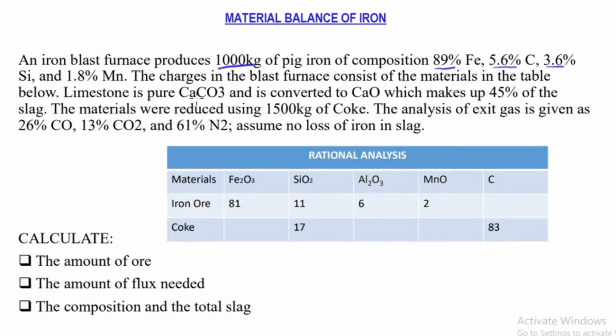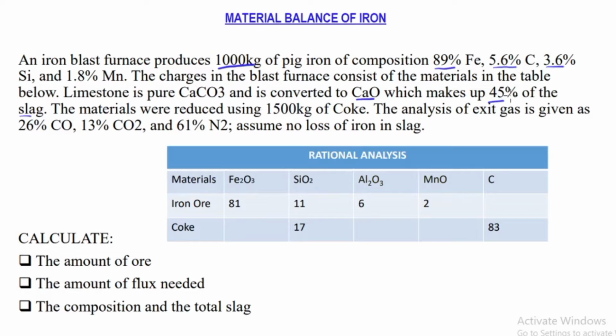Limestone is pure calcium carbonate and is converted to calcium oxide, which makes up 45% of the slag. So in this case, the limestone, which is the flux, is converted into calcium oxide, which makes up 45% of the slag.